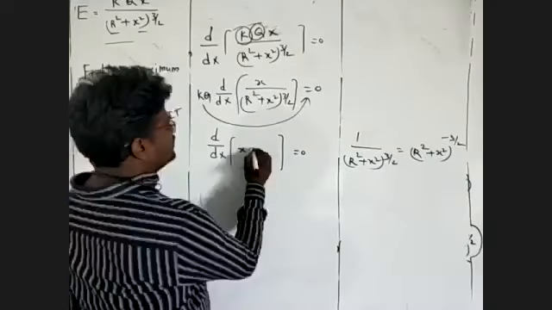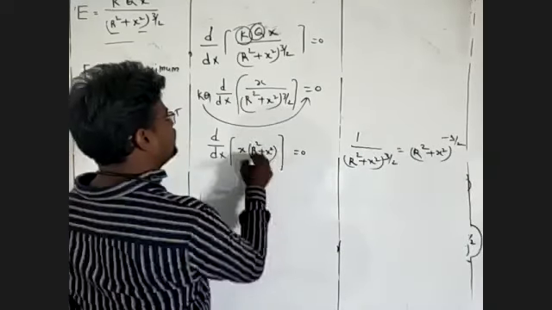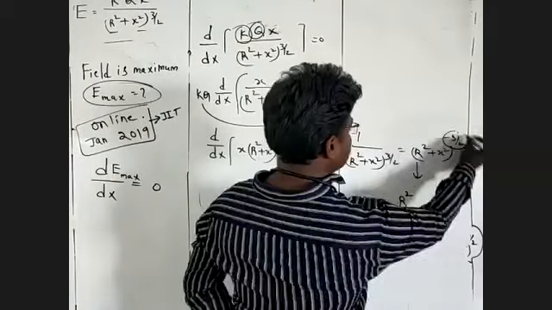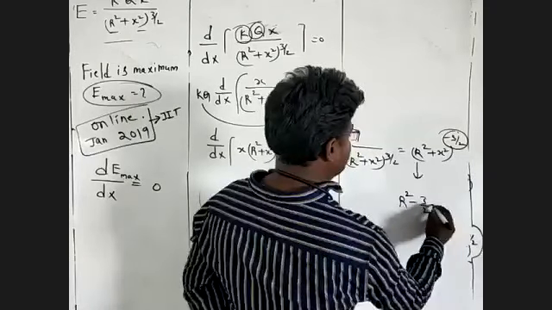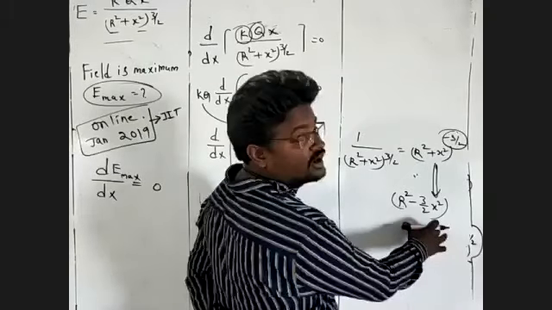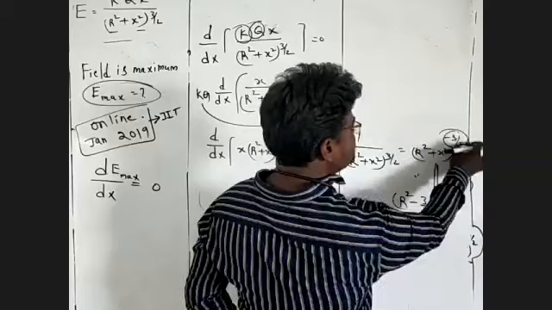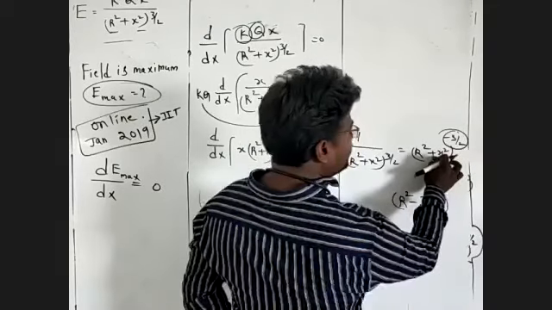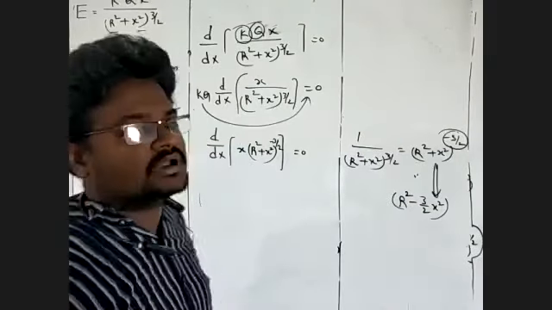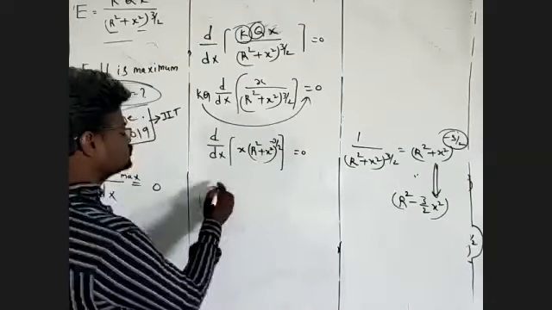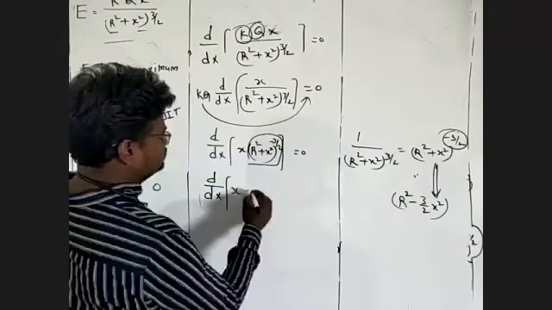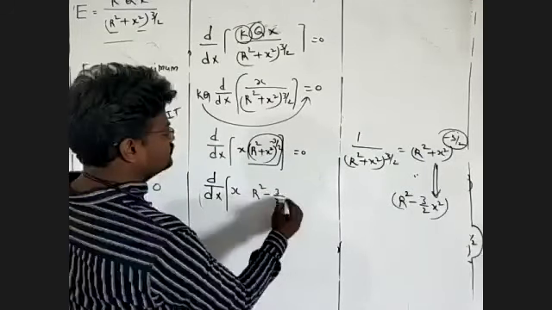Now I'm going to write this as r square to the power of minus 3 by 2 and expand (r square plus x square) to the power of minus 3 by 2 according to the binomial theorem: r square minus 3 by 2 x square.